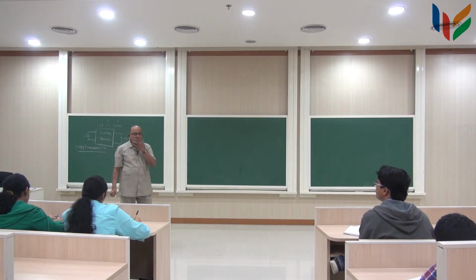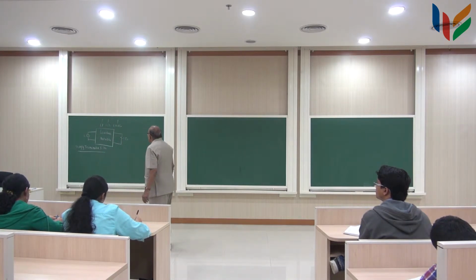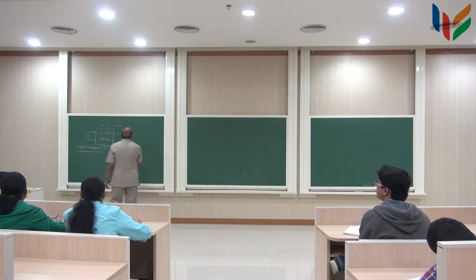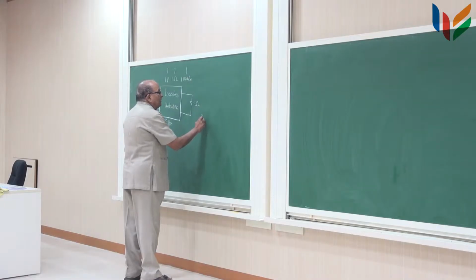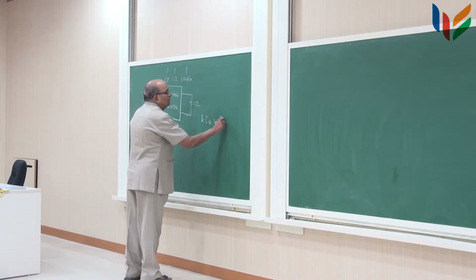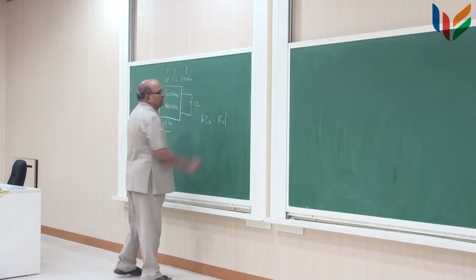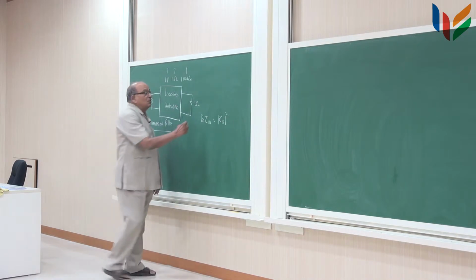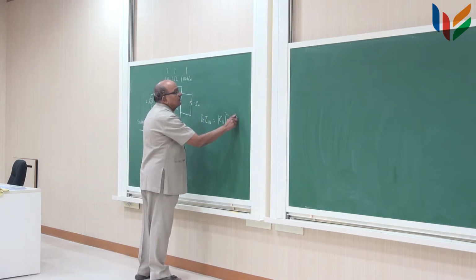So here we found that the real part of Zin is equal to Z12 square, which is equal to |V2 by I1| square.